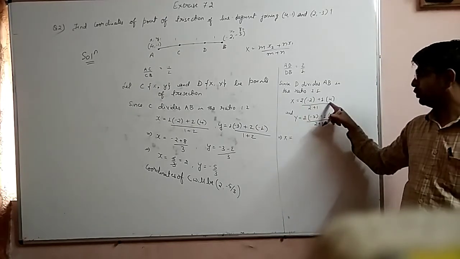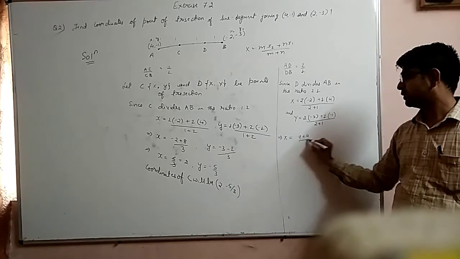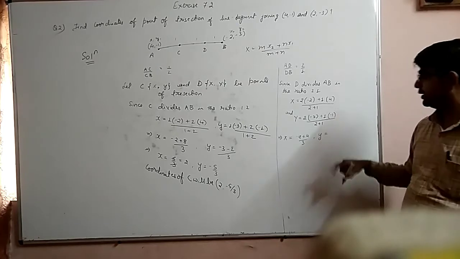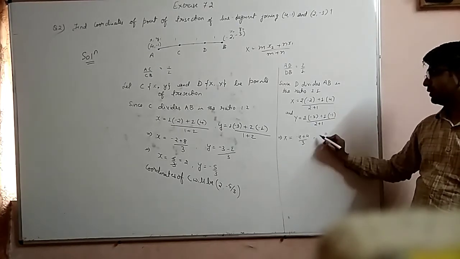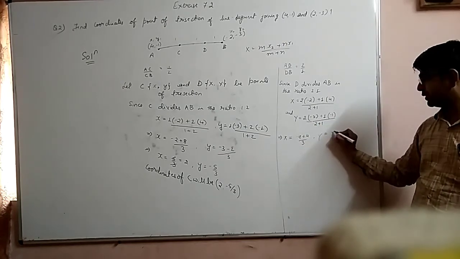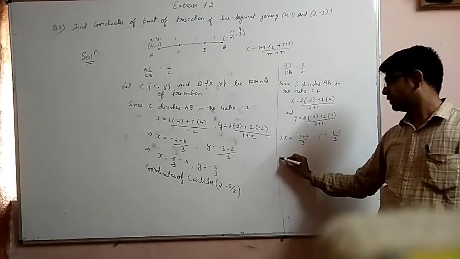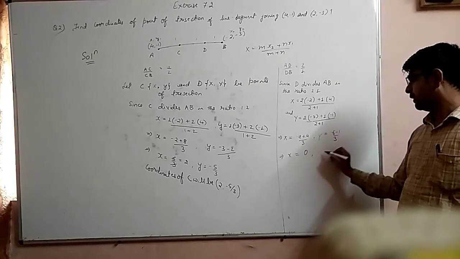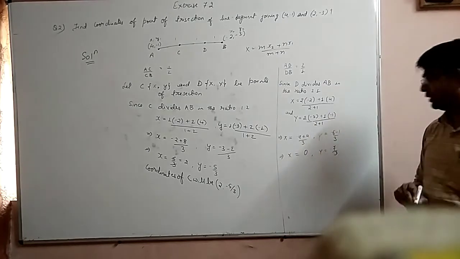It's minus 4 plus 4 by 3, and y is minus 6 minus 1 by 3. See, minus 4 plus 4 is 0, and this y will be minus 7 by 3.